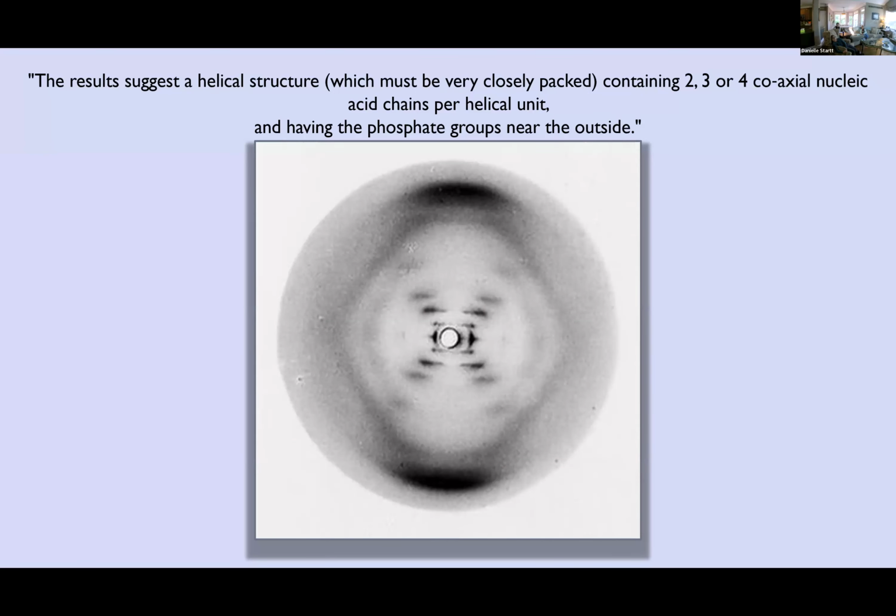So they're looking down into it like a cross section, and you see that X? That's where the twisting is going on. So that's what she got a picture of. So she said it suggests a helical structure which must be very closely packed, containing 2, 3, or 4 coaxial nucleic acid chains per helical unit, and having phosphate groups near the outside.